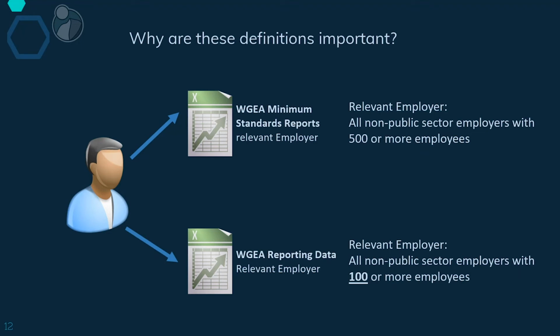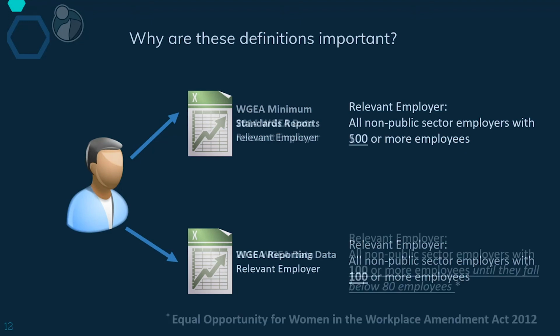So if you fall in that 100 to 500 employee gap, you might not appear in the minimum standards report, whereas you will appear in the reporting data. If I'm looking at these two reports and trying to compare information, is it possible? Well, again, the answer really is, it depends, and we'll cover that in a second.